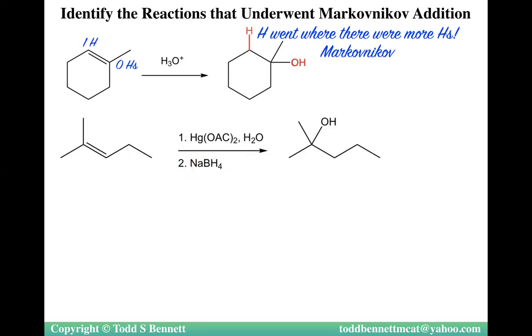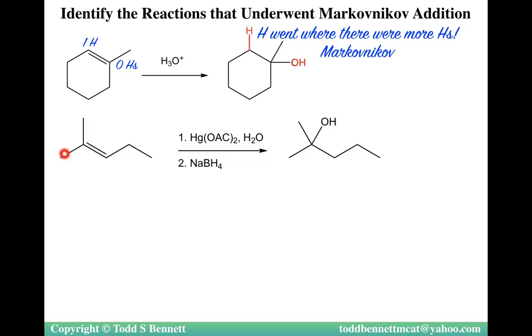NaBH4, you briefly encountered this concept, like rich in H, when you did oxidation reduction chemistry in general chemistry. So if you have something with lots of H's, it's typically a reducing agent. So this is going to reduce the mercury away and replace it with an H. Okay, we'll see that as it goes.